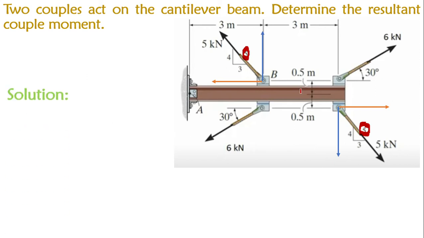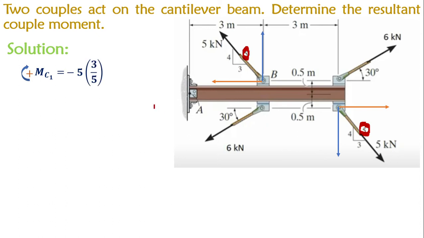So, pag-chinek natin couple 1, referring to this one, ito lang muna. We have here negative. I assume that clockwise is positive. Bakit negative yung x natin? Tingnan mo, that is counterclockwise, kaya negative. Negative 5, 3 over 5 because of the cosine theta.